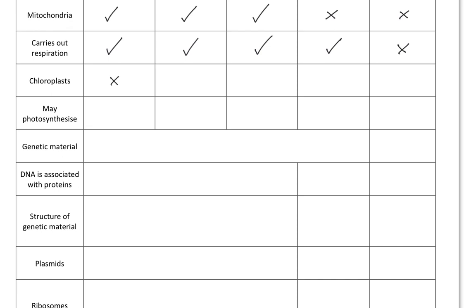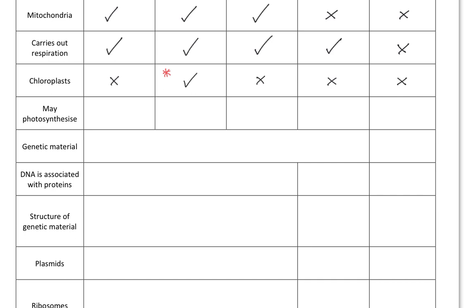Plant cells have chloroplasts. Fungi don't. They don't do photosynthesis. Bacteria are smaller than a chloroplast, and viruses are even smaller. So it's only plants, and that's a unique one there. It's quite a nice one because of these eukaryotic cells, the plant is the only one that has it. It's unique.